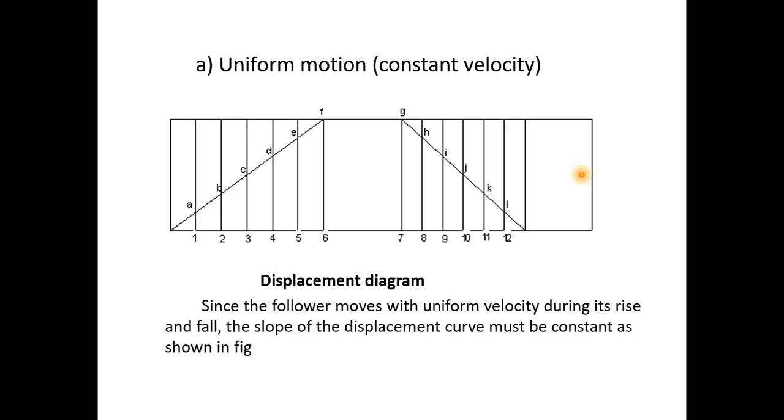Since the follower moves with uniform velocity during its rise and fall, that is outward stroke and return stroke, the slope of the displacement curve must be a constant. Hence, look at this, this is rise, this is dwell, and this is return. Throughout the rise, dwell and return, your follower must move with uniform velocity. So this particular diagram is called a uniform motion or constant velocity diagram.